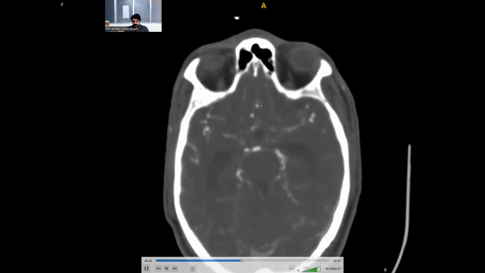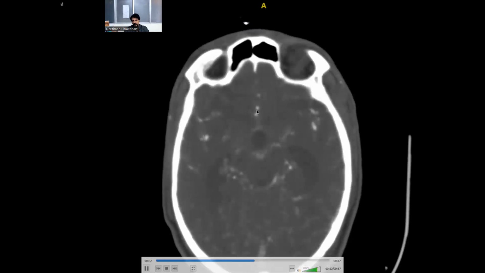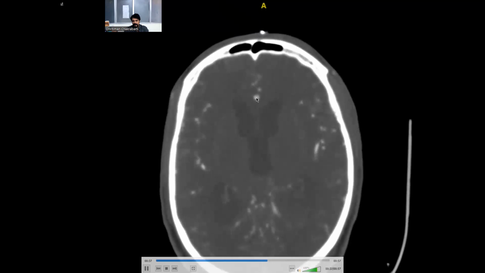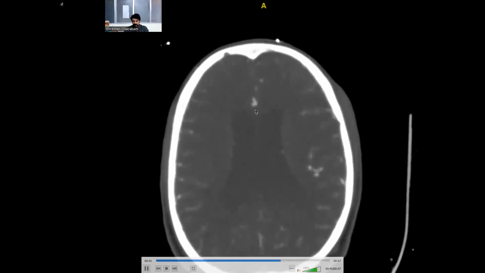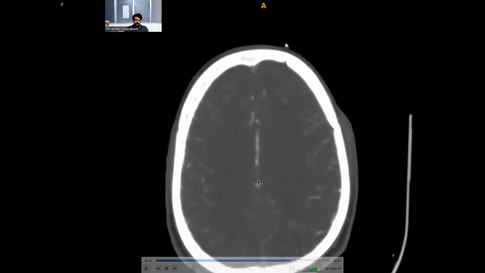These are the two ACAs. They are going superiorly, then anteriorly over and looping over the corpus callosum and coming back posteriorly. So that is the story of the ACA arteries.